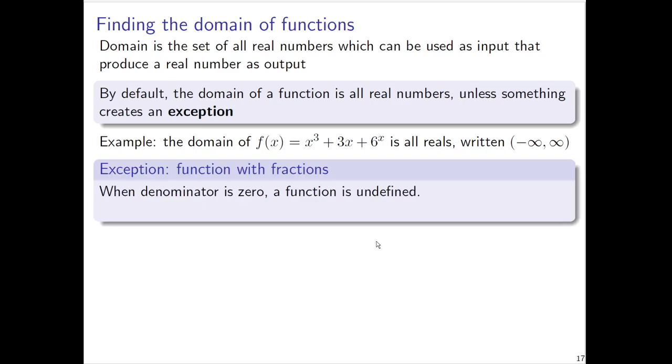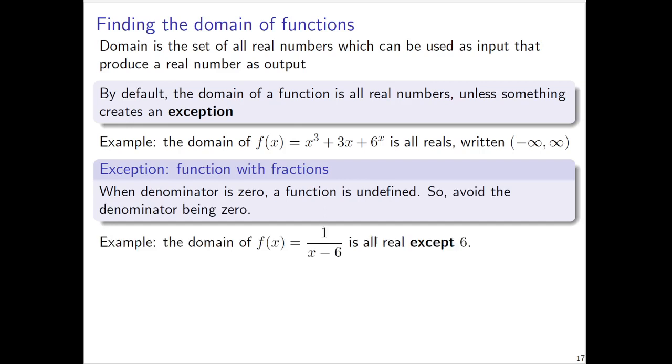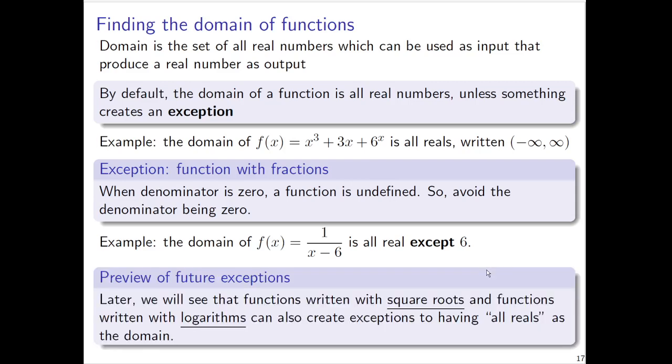Now here's an exception. If you have a function written with fractions, that's a place you've got to be careful. When you have a fraction, you might accidentally have dividing by 0. When the denominator is 0, a function is undefined. So we need to avoid the denominator being 0 when finding domain. For example, the domain of f of x equals 1 over x minus 6 is all reals except 6.